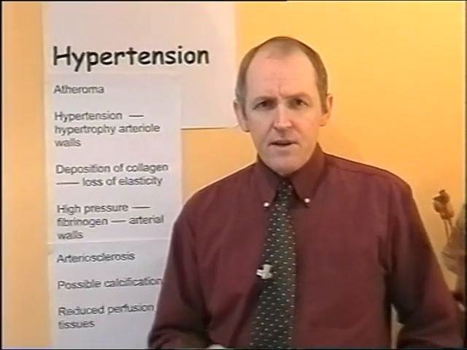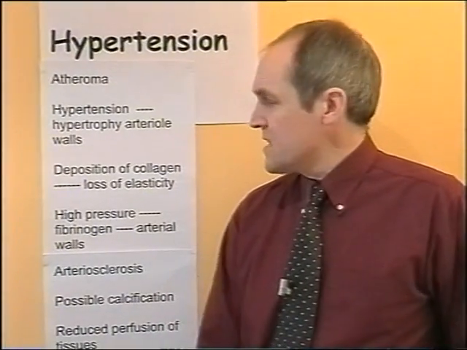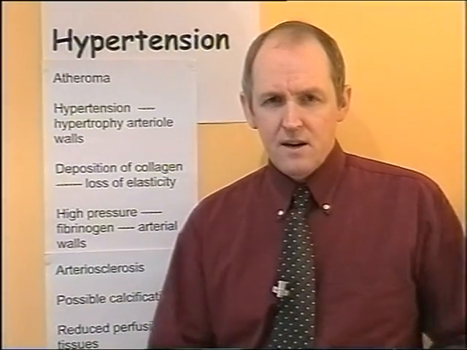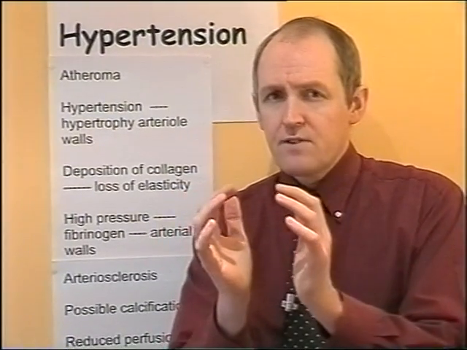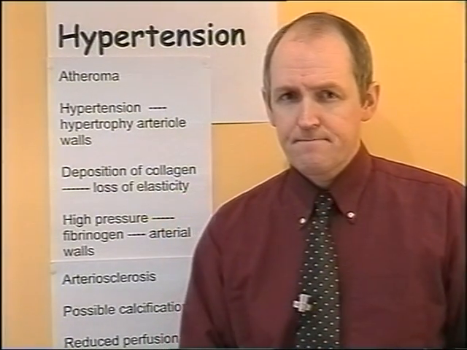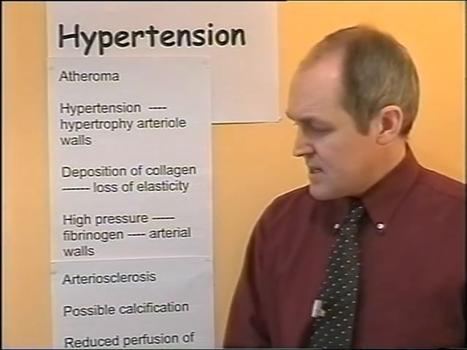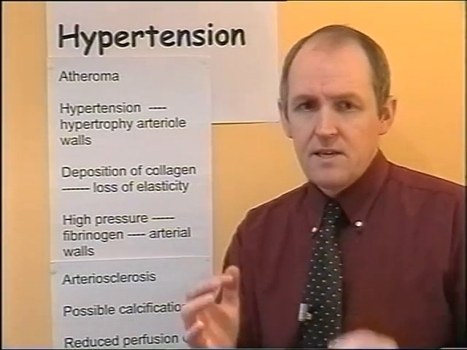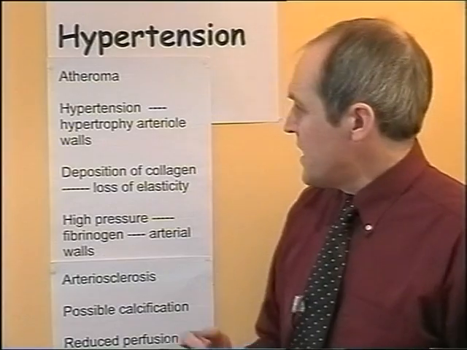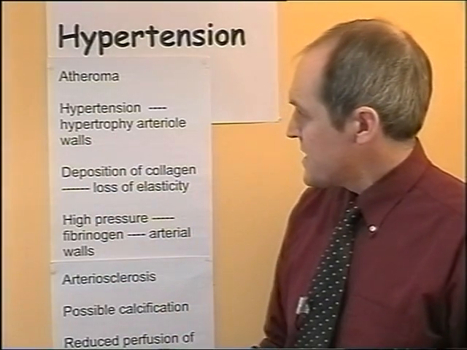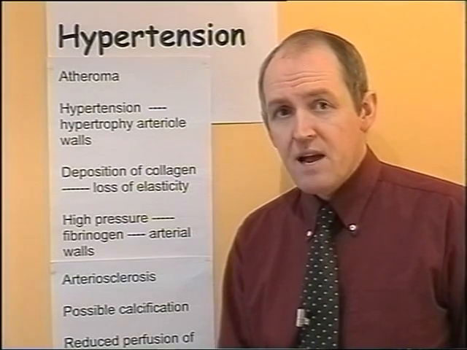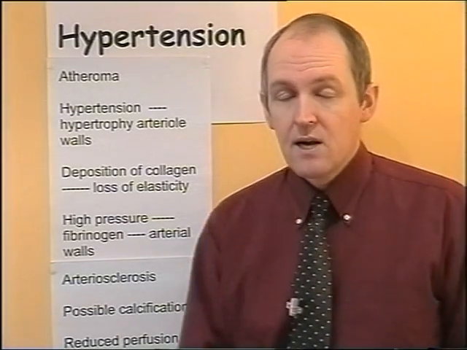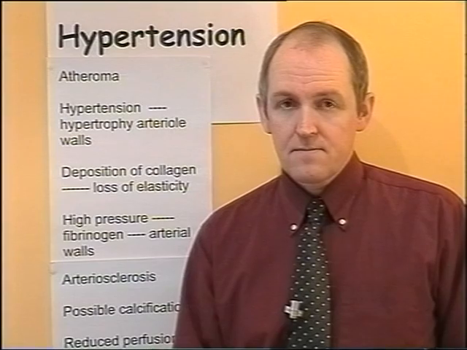Now, if the blood pressure is high for a long period of time, that's pushing on the walls of the arterial vessels. And the vessels respond with hypertrophy. The cells will grow in size, and in some tissues there may be a hyperplasia as well, a growth in the number of cells.